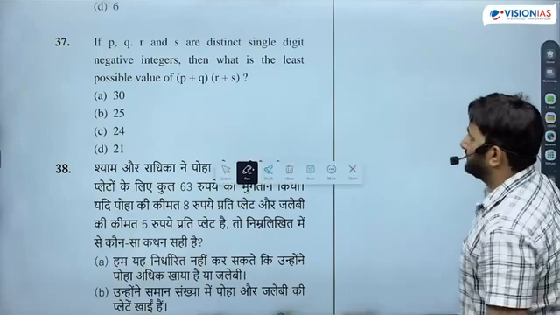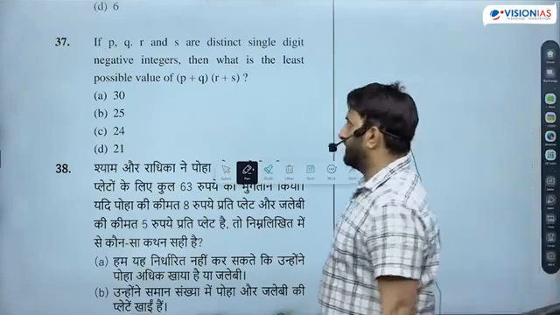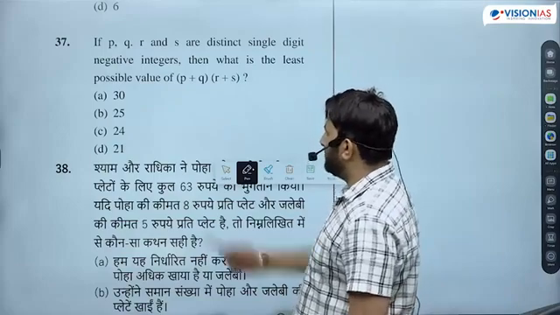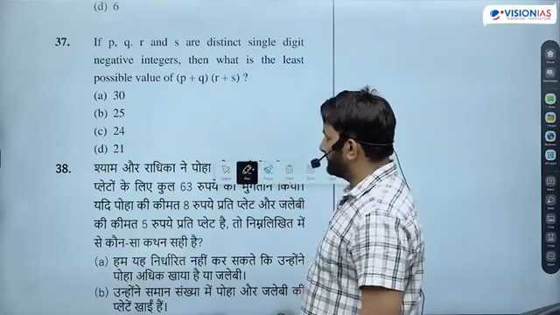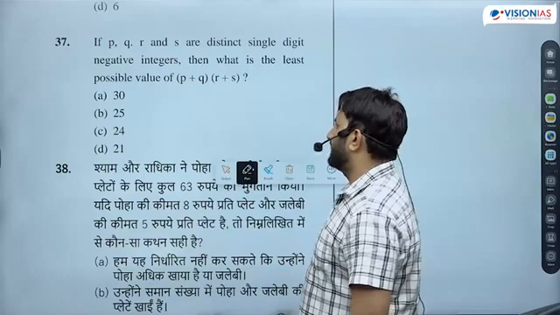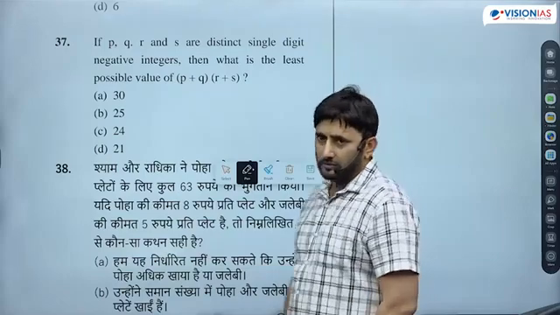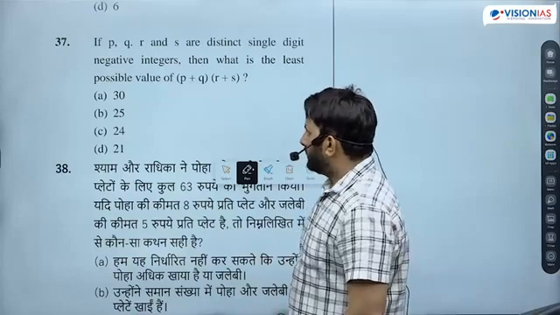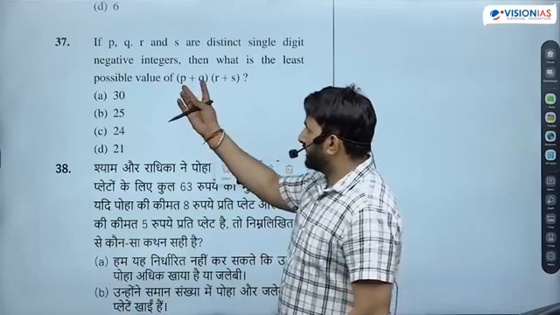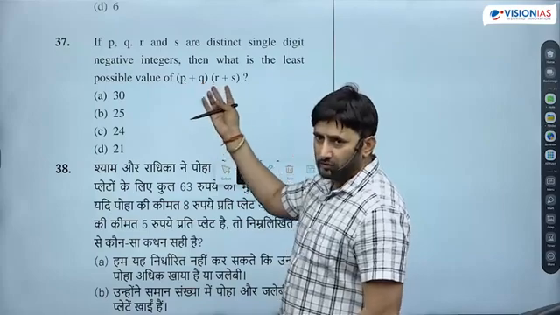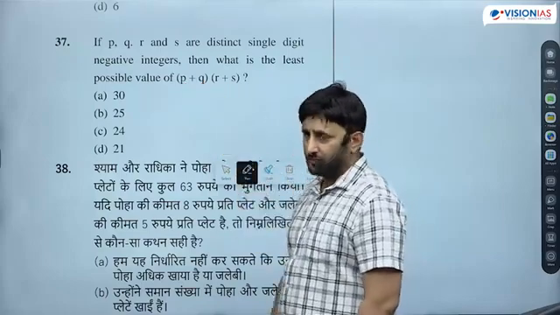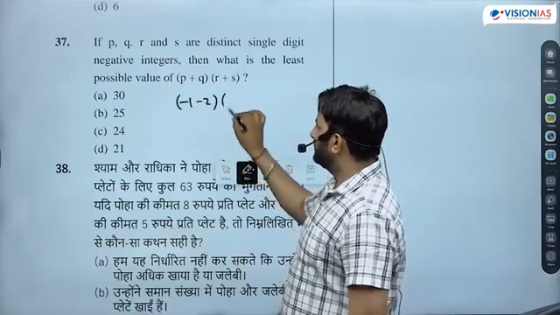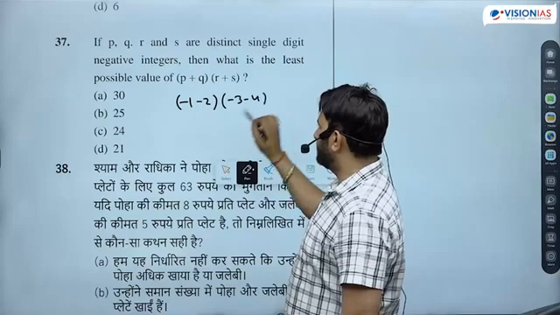P, Q, R and S are distinct single digit negative integers. These are single digit negative integers. What is the least possible value of P plus Q plus R plus S? इसकी लीस्ट वैल्यू निकालनी है बच्चे. तो एक काम करो, can I say if both of these are negative, then this will be negative, this will also be negative, so product will be positive. तो एक काम करते हैं, इनको -1, -2, -3, -4, ये लो बच्चे.